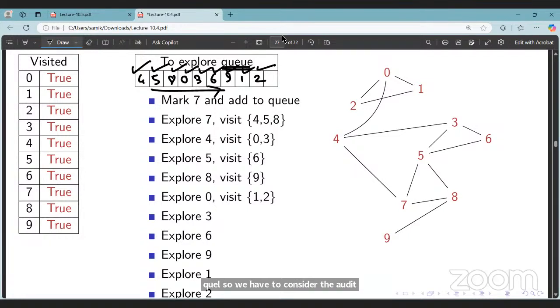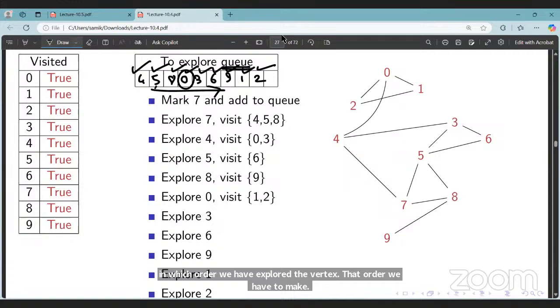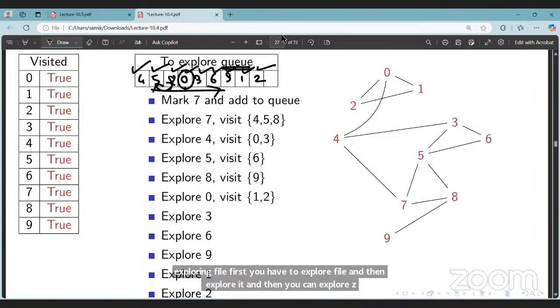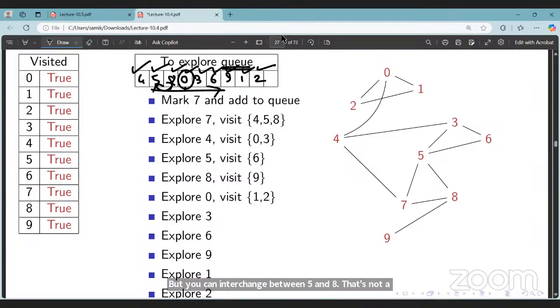Okay, ma'am, thank you. So we have to maintain the order. In whichever order we have explored the vertices, that order we have to maintain. You cannot explore 0 before exploring 5. First you explore 5, then 8, and then you can explore 0. But you can interchange 5 and 8, because we are visiting them at the same time.